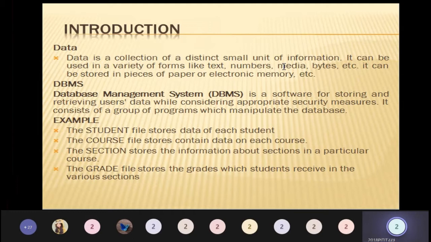Before seeing the example, first let us know the application areas of the DBMS.